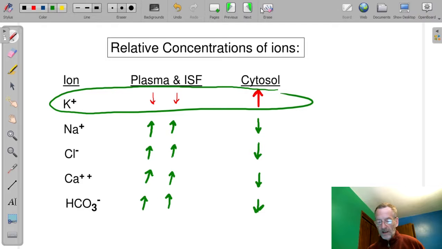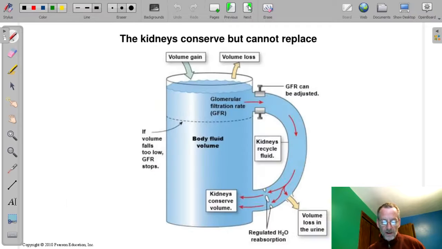Next slide is another review, since we're sort of wrapping up on the chapters on the kidneys. I threw this back in again just to remind you of this idea that the kidneys can conserve but they can't replace anything. All they can do is regulate the loss.